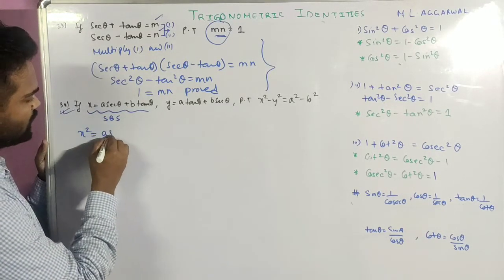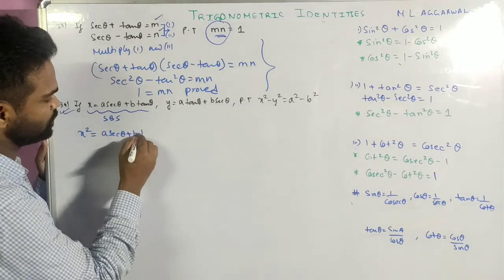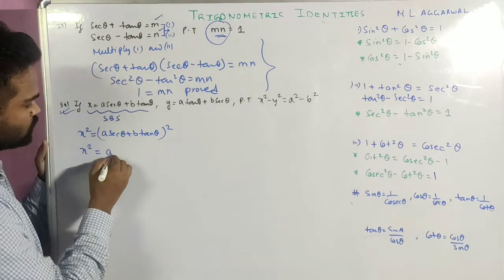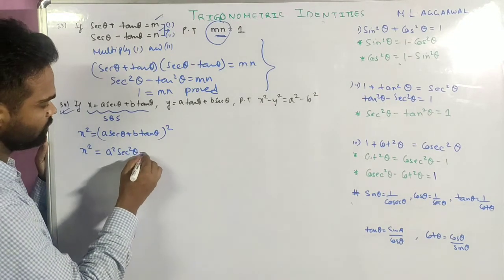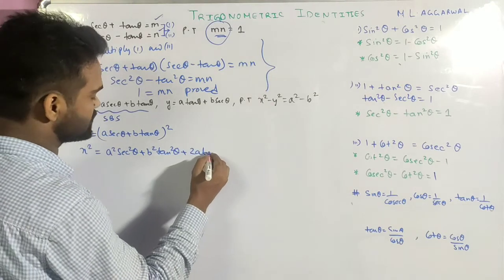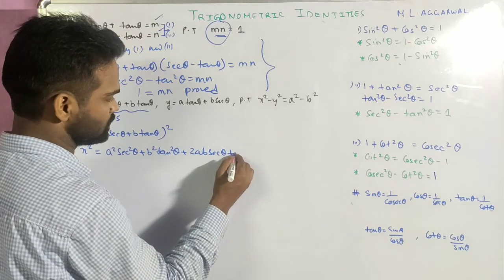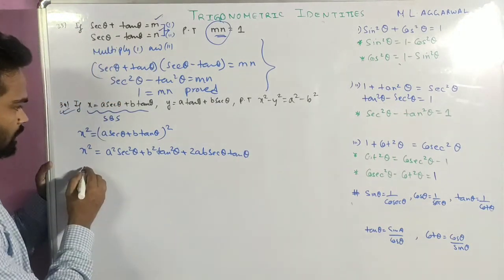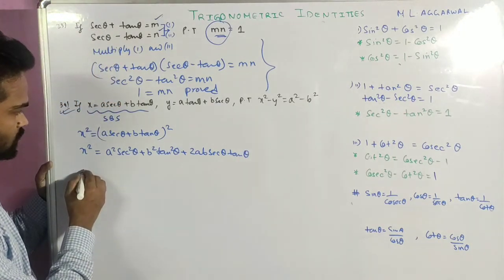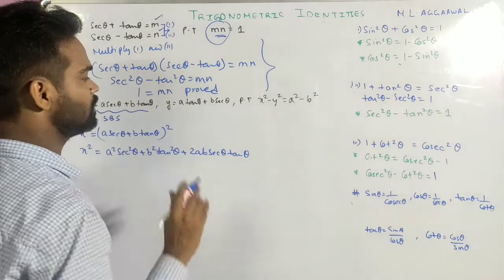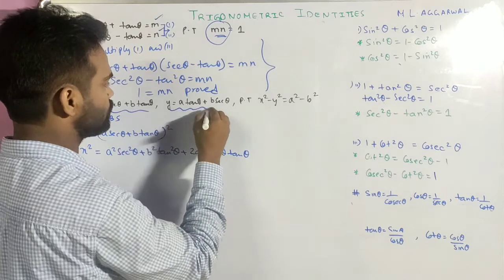Squaring both sides, what do you get? X square equals a sec theta plus b tan theta whole square, which means x square equals, I'll open the bracket, a square plus b square plus twice ab. Isn't it? That's the formula. Which means your x square will be, keep it like this. Now I'll find y square. Look over here.